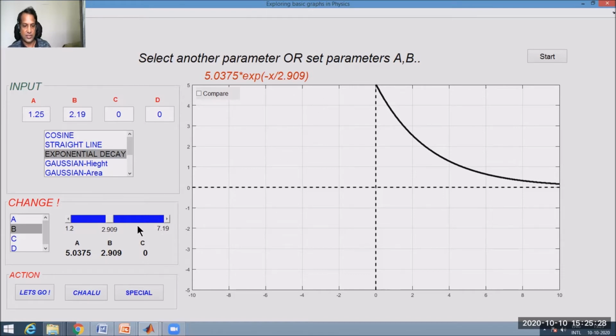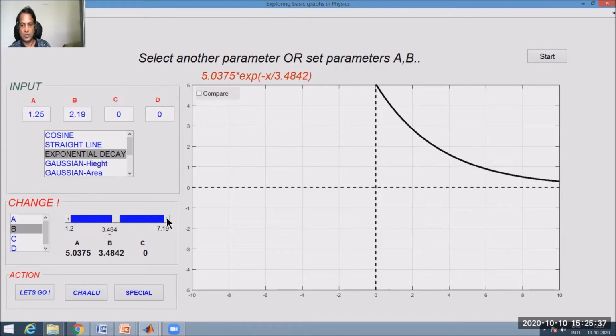So let us change b, increase b rather. Observe what is happening to the function. Now remember, we are not changing a, so this point at x equal to 0 is remaining the same. Observe that.